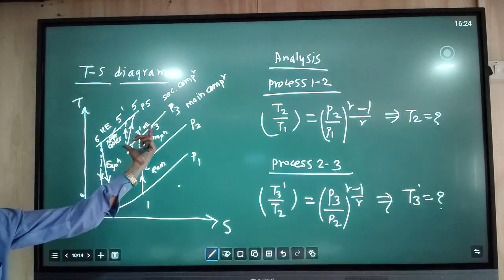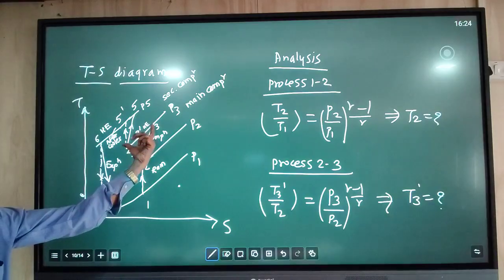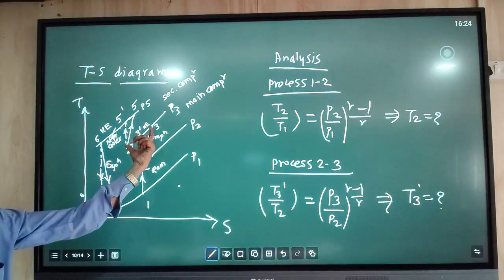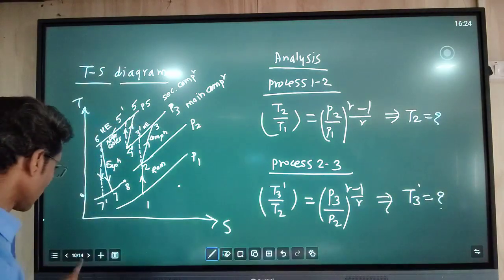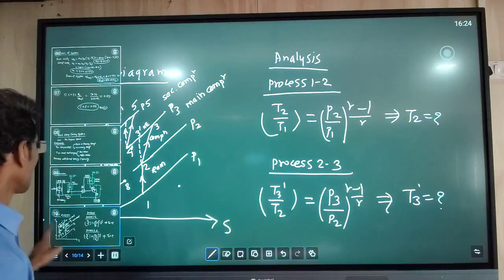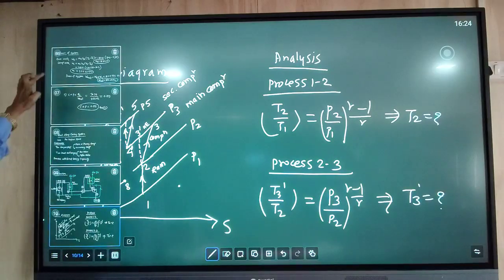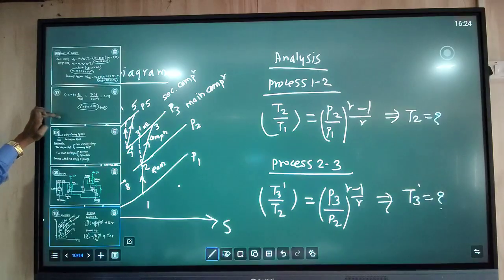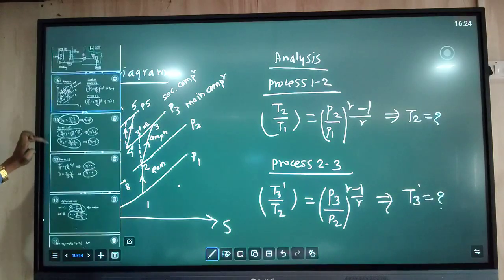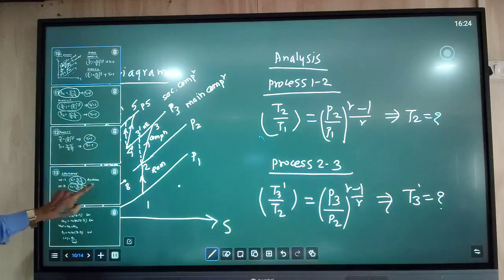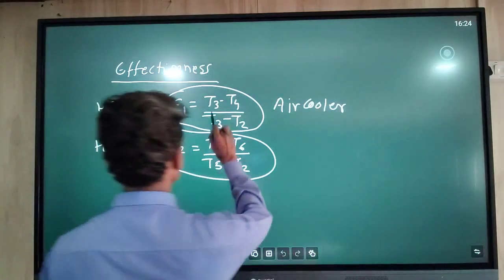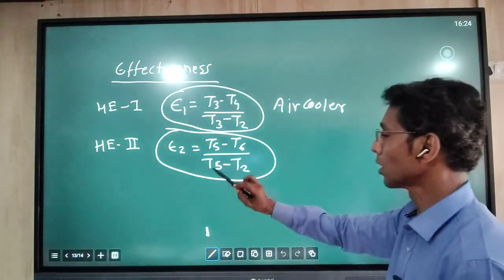That heat is removed in process 3 to 4. So this is the heat removal temperature difference divided by the heat addition, as given in the effectiveness formula: T3 minus T4 divided by T3 minus T2.